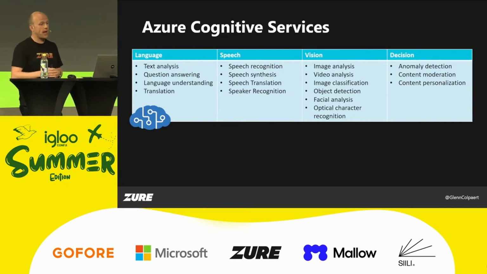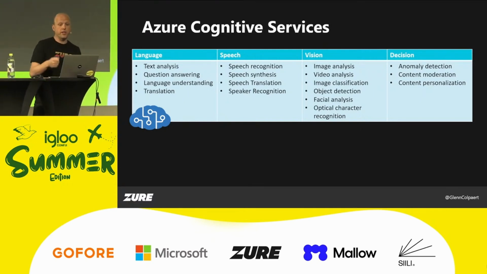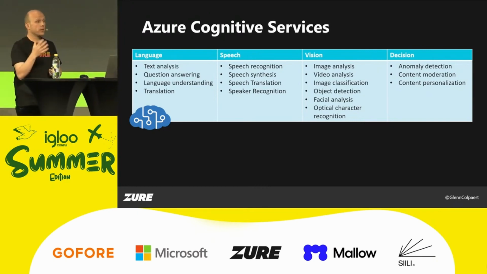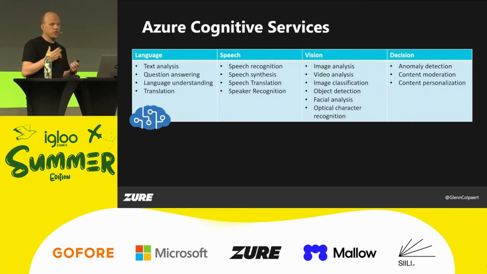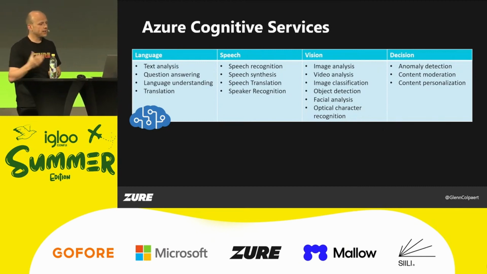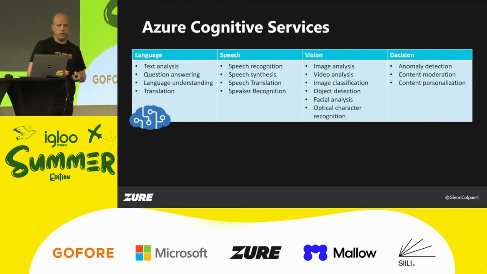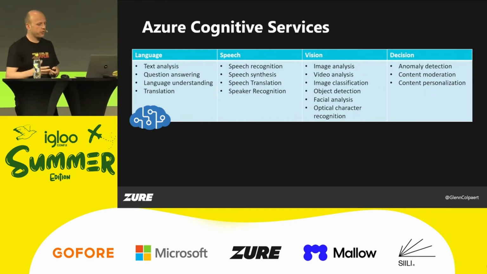There's a great API for speech that does translation, speech recognition, and so on. There's the whole image classification, image recognition, video analysis, which is the Vision API, and then the Decision API, which gives you anomaly detection, and so on. So those are a set of APIs made available for you.